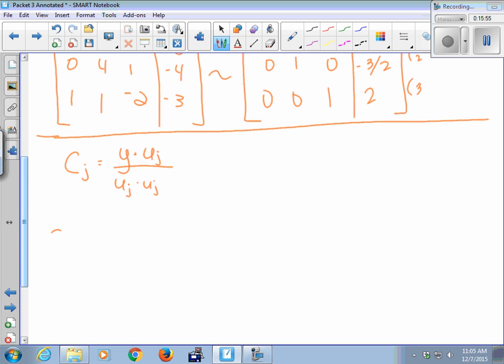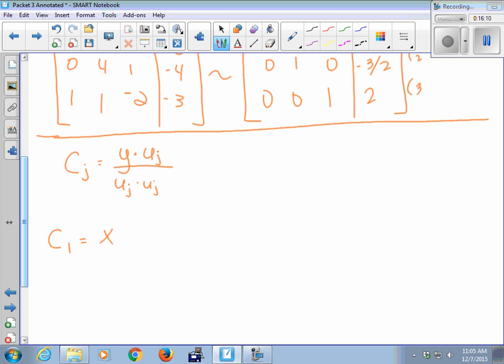So c1 should be, in our case, x, because x is the vector I'm trying to write as a linear combination of the u's.